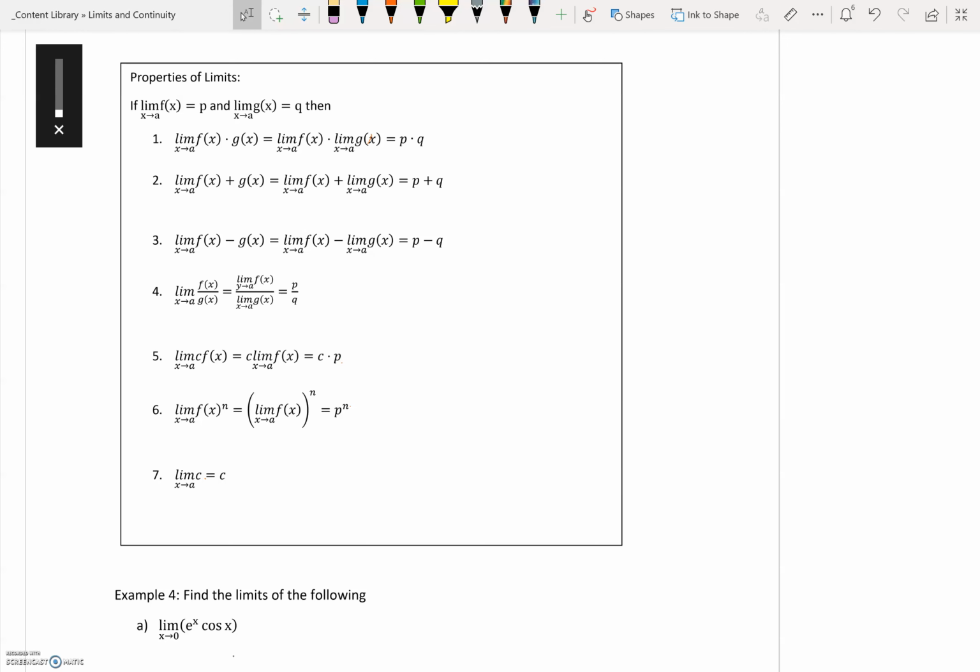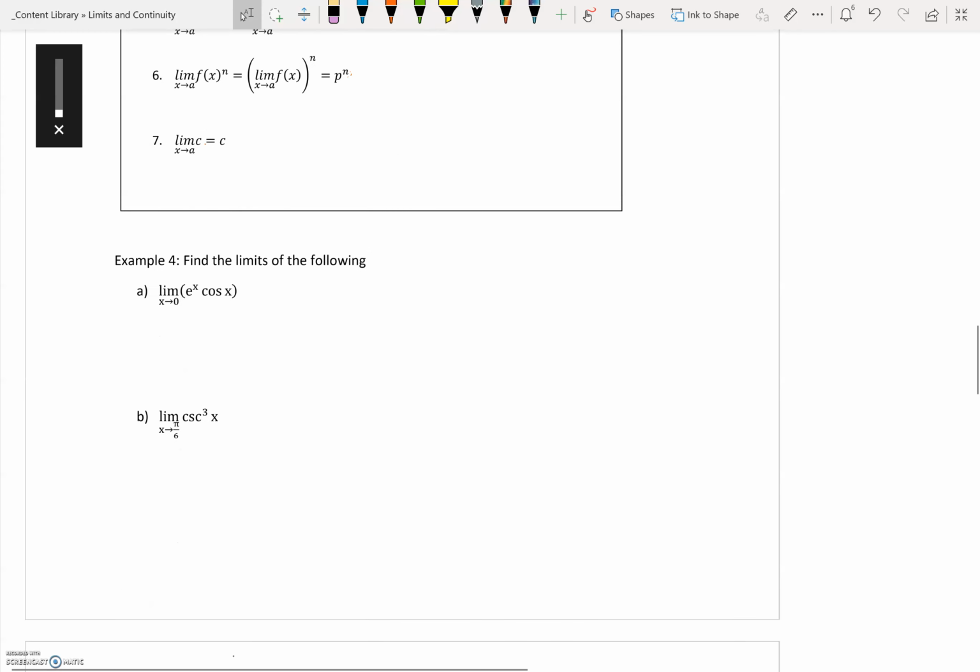So c times p. 6, so we can just pull out the exponents, evaluate the limit itself, and then take that to the power. Lastly, for 7, the limit of any constant is still that constant. So the limit of, let's say, 5 as x approaches 0 is still going to be 5.